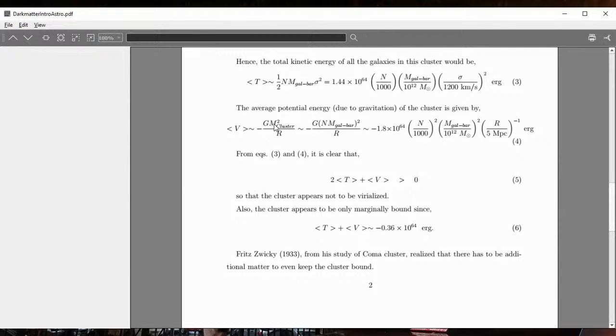So if the mass of the cluster increases slightly, this grows more than the kinetic energy, and therefore it can be bound as well as the virial theorem can be satisfied. All right, and so Zwicky's analysis implied that there is some dark matter which doesn't show up when you observe clusters by peering at them through telescopes.